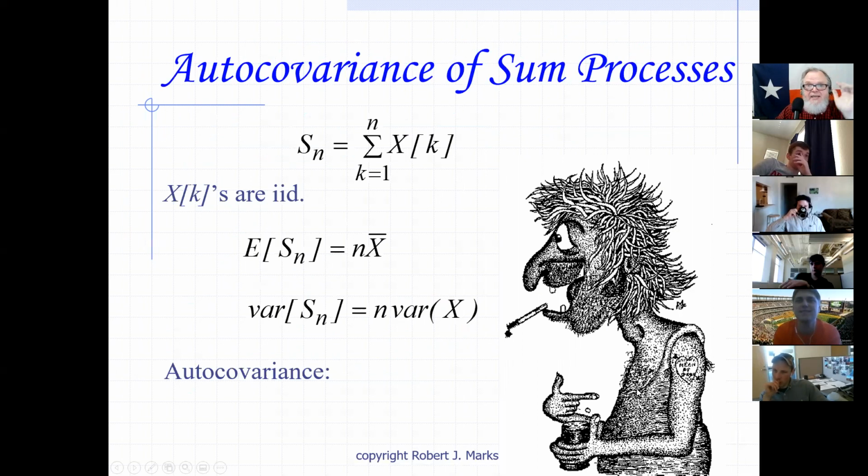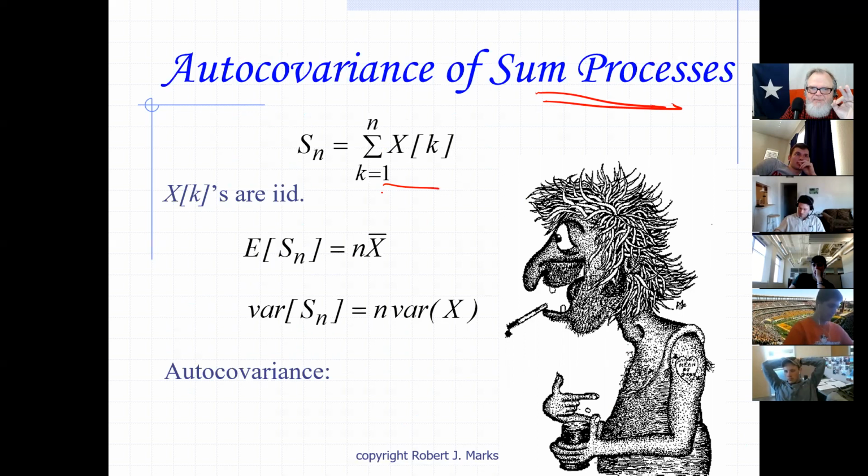Okay, let me summarize again. Try not to screw things up this time. I wanted to point out that this is the autocovariance of a sum process. So we're talking about a sum process where we sum up these independent random variables. And we can also always say that the expected value of the sum is n x bar, and the variance, because they're IID, that's important to remember, is equal to just n times the variance of a single result.